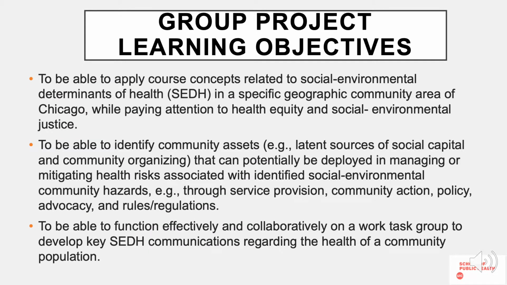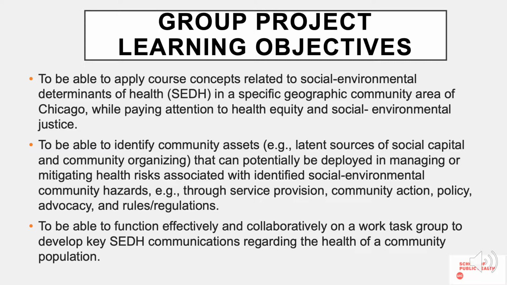What's this group project all about? Let's start by taking a look at the objectives. Upon completion of this group project, you'll be able to apply the concepts we've been discussing since Unit 1 to social and environmental determinants of health in a specific geographic community area of Chicago, while paying attention to equity and social environmental justice.